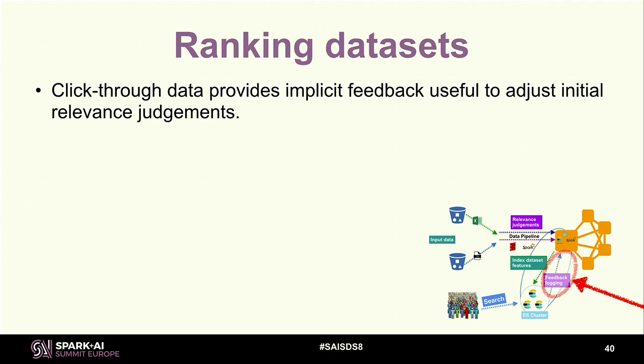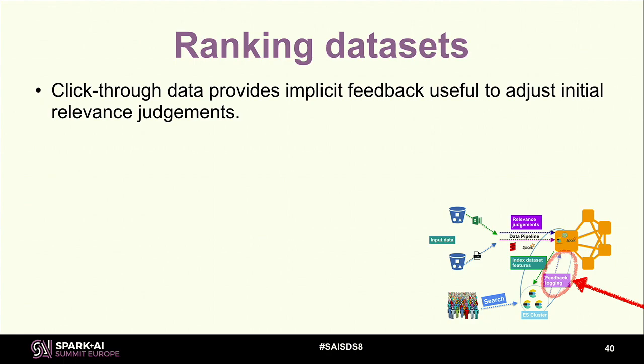So once we've extracted these relevance judgments, in the feedback loop I was referring to, we can use click-through data that would provide us with implicit feedback that is useful to adjust those initial relevance judgments. So maybe we picked up on the wrong signal and the user clarifies that for us, either like the example we were discussing, by reissuing the whole process, or simply by saying this is not relevant for me.